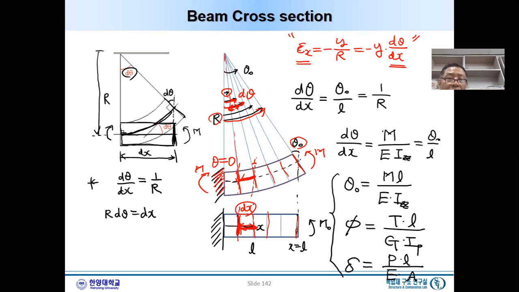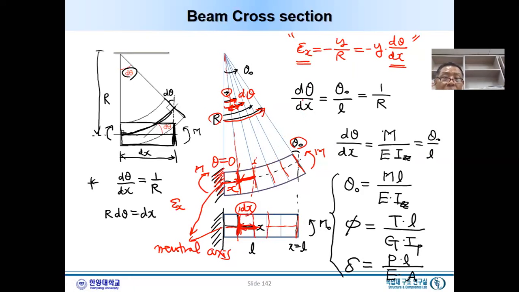The reason we can say so is that this axis is called the neutral axis, so there we don't have any epsilon x. Epsilon x is in the x direction, so there is no length increase or decrease.